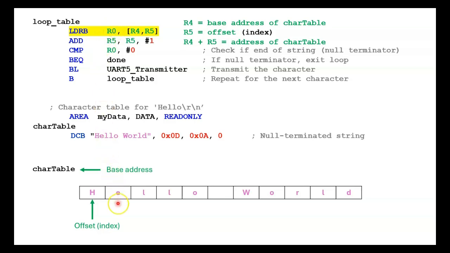The next character would be the base address plus the index of this lowercase e, and that would be copied into R0. And this B loop underscore table will send it back here and keep doing it until you reach the null terminator.